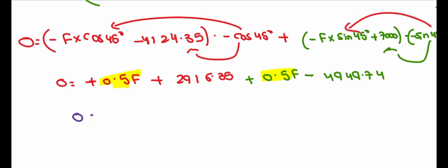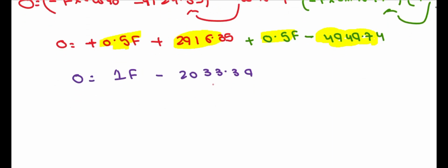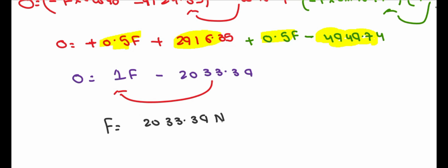So this one becomes 0, which is equal to 1F. And similarly add plus 2916.35 with negative 4949.74, so that it will become negative 2033.39. Okay, so shift negative 2033.39 to the opposite side, so that F is equal to 2033.39 Newton. And if you really want to convert this to kilonewton, you have to divide this number by 1000, so that it will become 2.033 kilonewton.